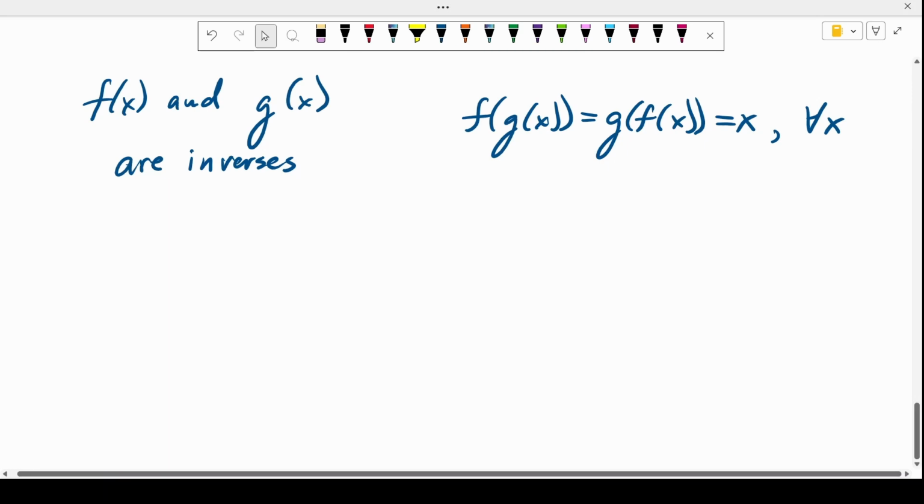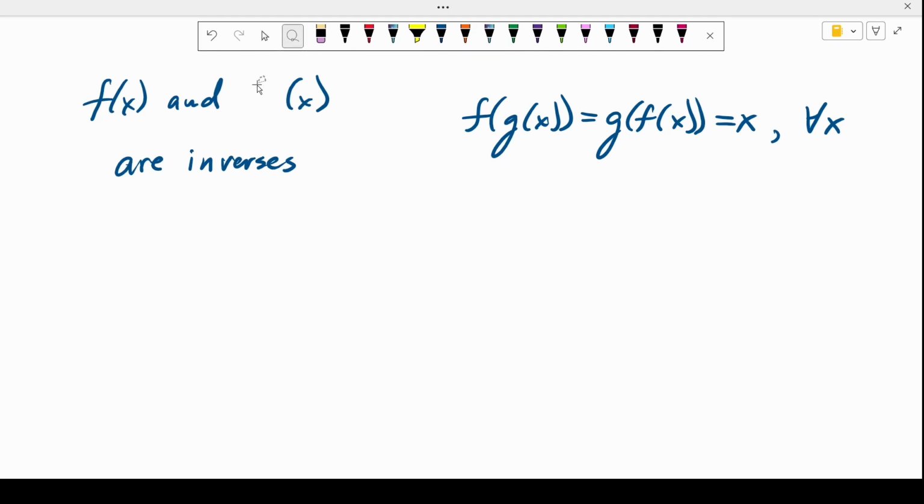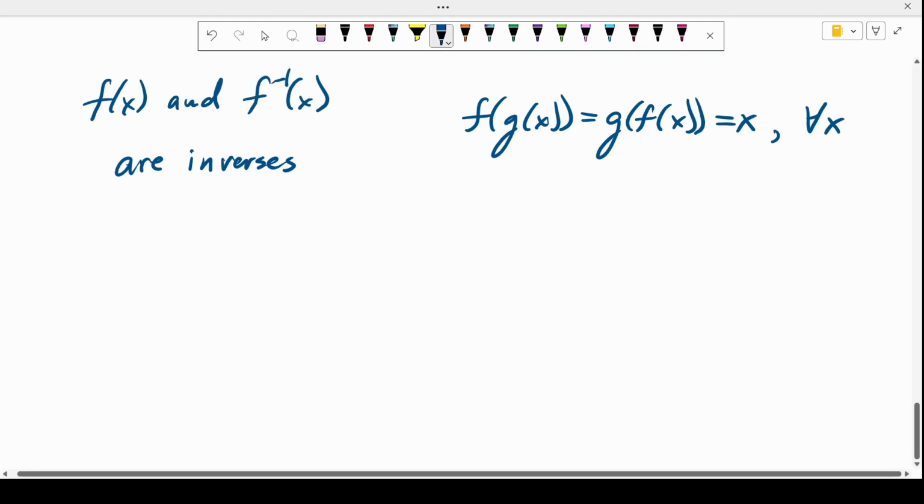So, if f and g, two functions, are inverses of each other, first of all, if they're inverses, we would normally rename g to call it f inverse. But for now, we're just saying hypothetically we have two functions f and g. We don't know if they're inverses or not.